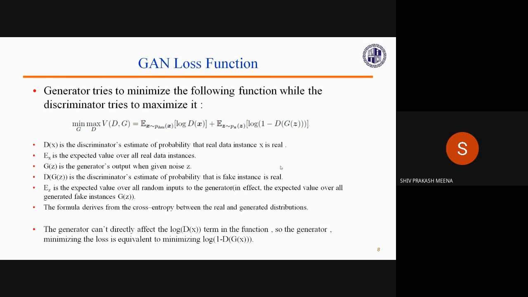Here p data means our real data, the first part of the loss function, and the second part is the fake data part of the loss function. If you look closely at this loss function, it looks like binary cross entropy. So it has a combination of real and generated data, or real and fake data.